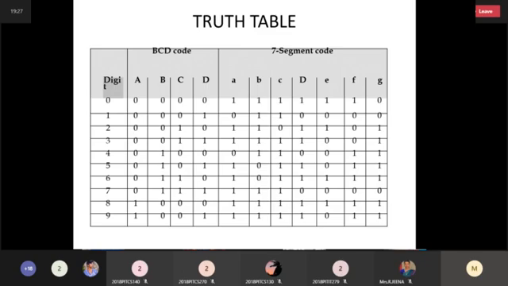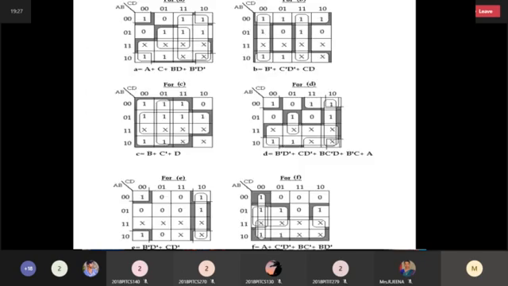A, B, C, D, 4 input variables. So we are using a 4 variable K-map. Write A bar B bar, A bar B, A B, A B bar, and C bar D bar, C bar D, C D, C D bar.